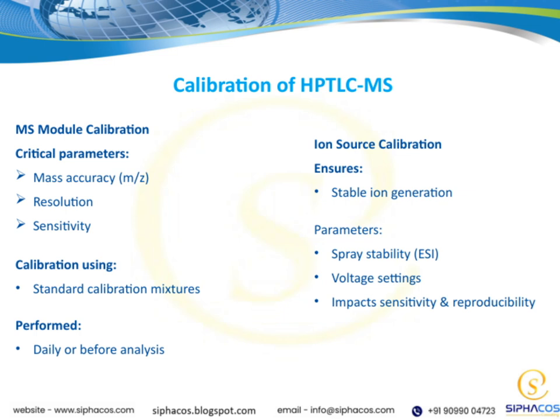Calibration is typically performed using standard calibration mixtures. These are specially prepared solutions with known components, which help us verify that our instrument is reading correctly. Usually, we do this calibration daily or just before starting an analysis session to ensure everything is in perfect order.